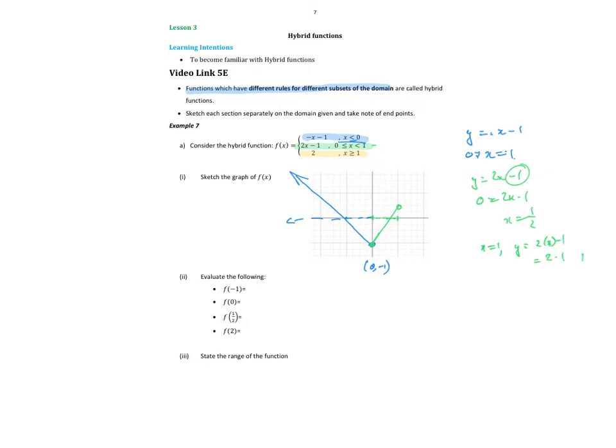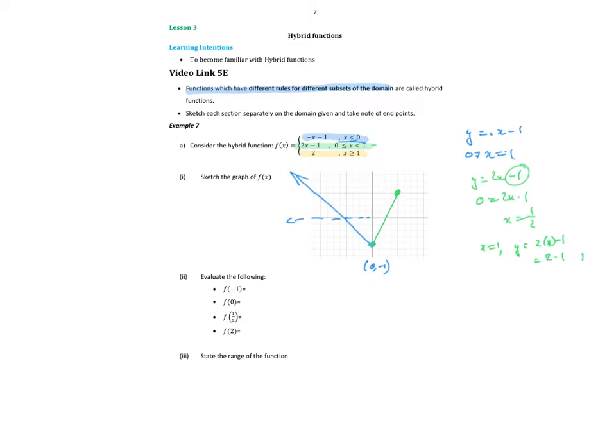So it should be the point 1, 1. I haven't drawn it anywhere near steep enough, have I? So I might redraw that. It should go through the point 1, 1, which is up there, and we said it was a hollow dot. So it goes a bit better like that. Actually, that goes more through a half, doesn't it? So there's that green section.